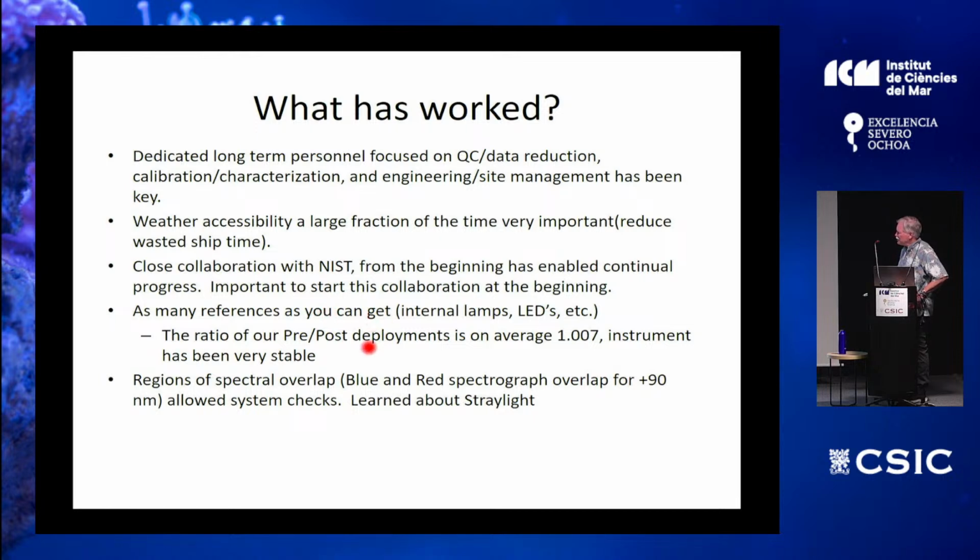We have internal sources to try to maintain stability, and the ratio of when we calibrate the instrument for a deployment and then after has been very stable, on average within about 0.7%. And as I said, there's an overlap region between the two spectrometers, which lets us check how each spectrometer is working to a certain extent. And it also taught us about stray light.